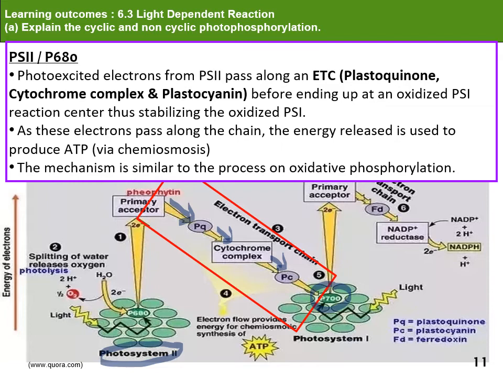And as this electron passes along the electron transport chain, energy is released, and this energy is used to bind ADP to inorganic phosphate to form ATP via chemiosmosis. So the mechanism is similar to oxidative phosphorylation, when we discussed the steps in cellular respiration.